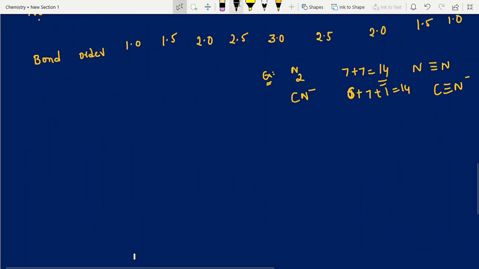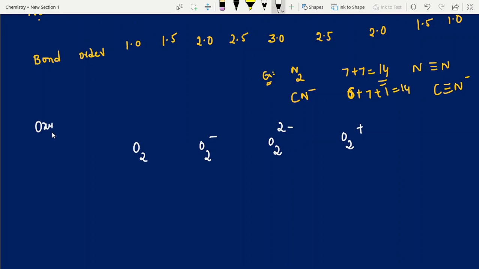Now, I am going to show one example, students. See here, O2, O2 minus, O2 2 minus, O2 plus, oxygen molecule and its species.